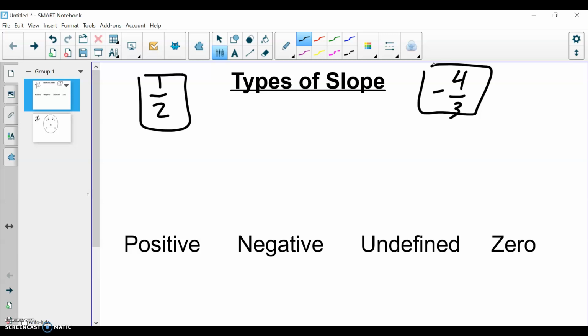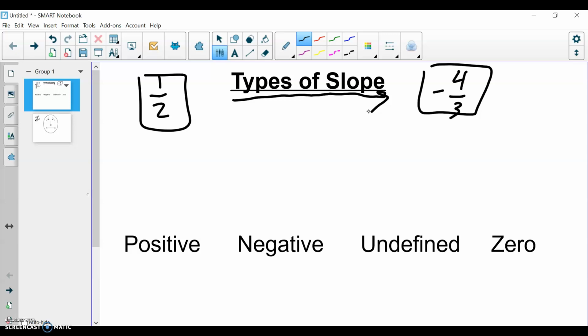Unless you are reading a manga book or something like that, that originated in a different language or a different country, we read books from left to right. We read this sentence, types of slope, from left to right. So when you are looking at slopes, what you need to do is start at the leftmost point of that line and look, is it going up? Is it going down? Is it going straight?